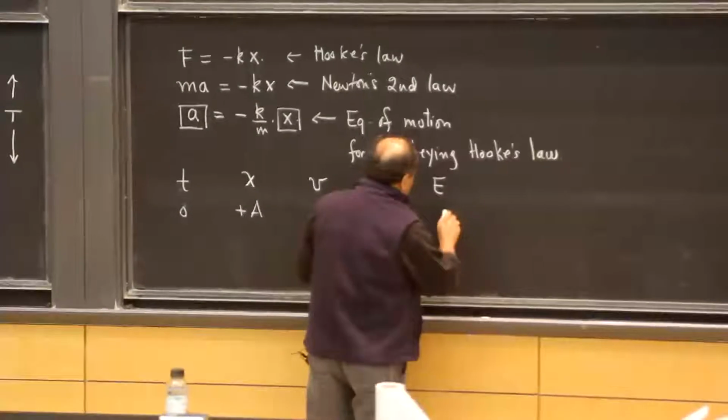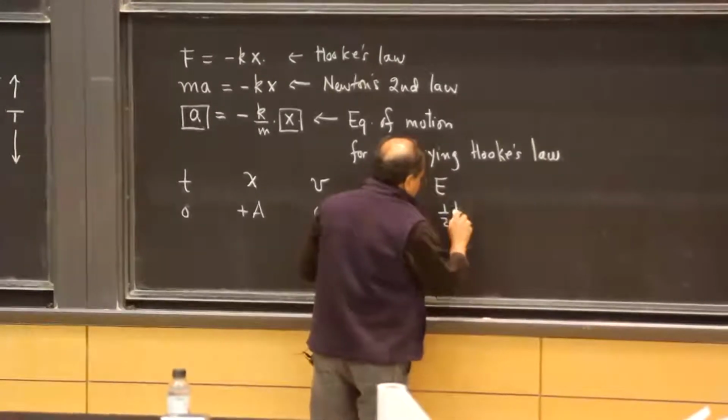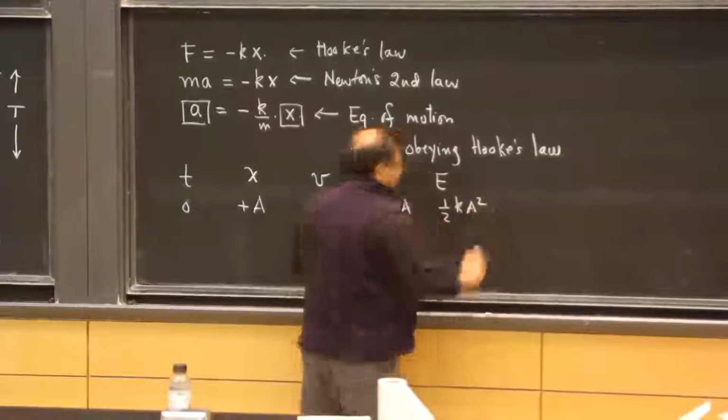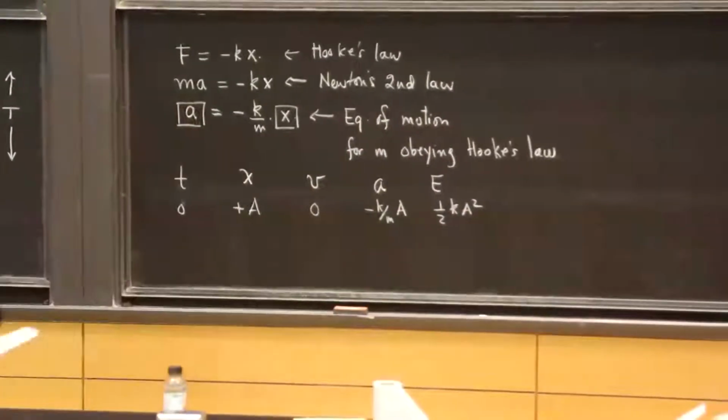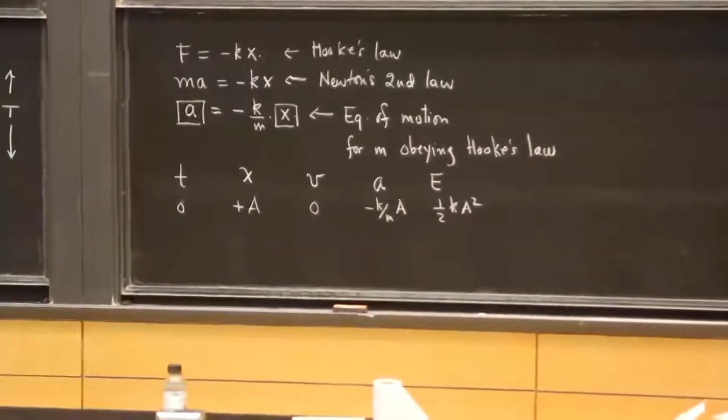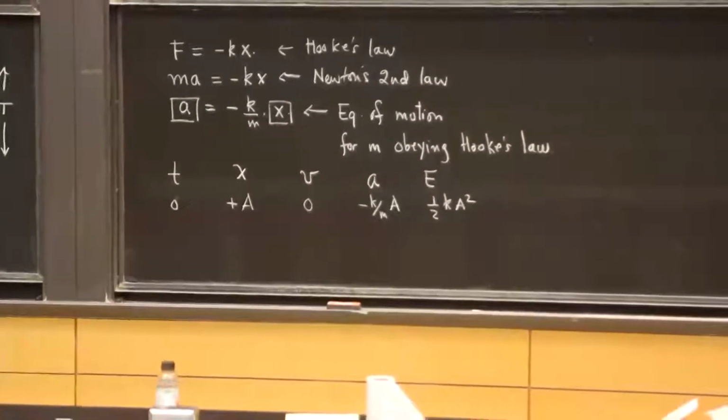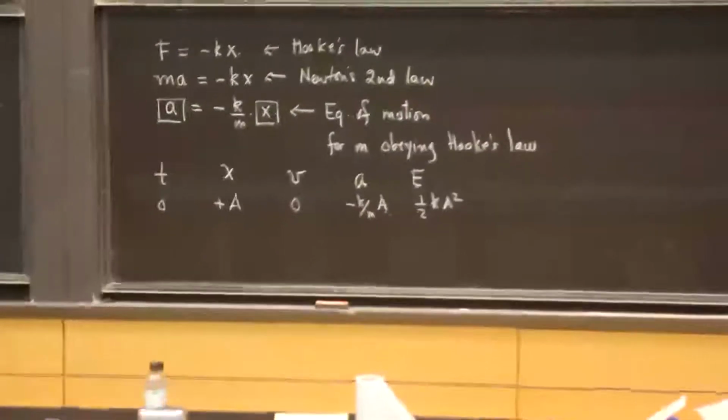And the energy, since it's all potential, is half k a squared. Any questions on this? See if this is 100% clear, because you need to be clear on this.